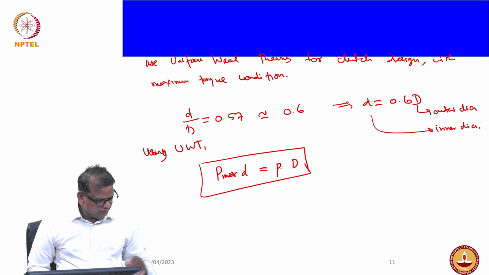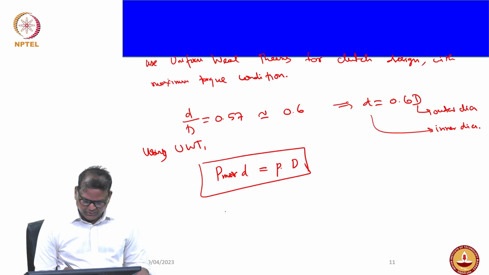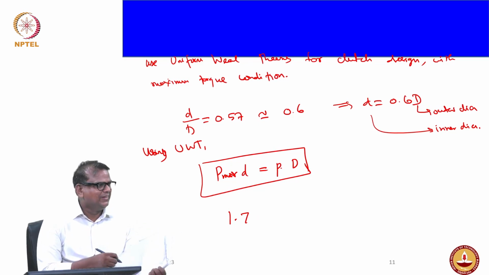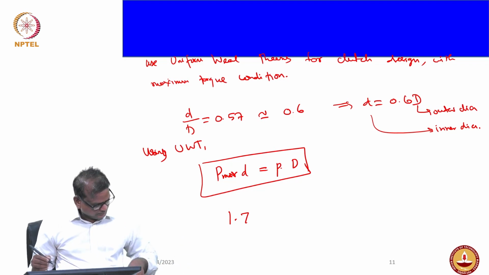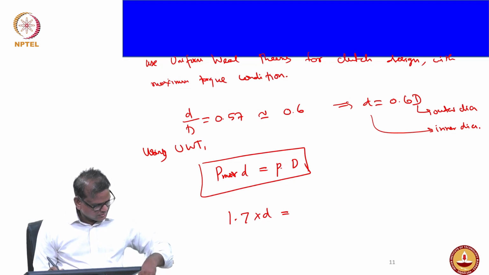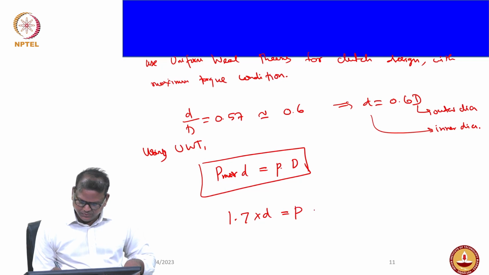Okay, so now we need to find out. Already we know P max. What is the P max? 1.7, right? Did we choose 1.7 or 1.4? 1.7 only, yes, we have chosen 1.7. So 1.7 into d, and the P we need to find out.